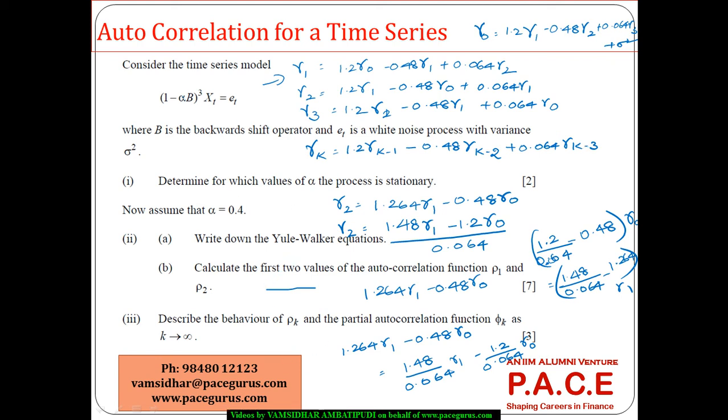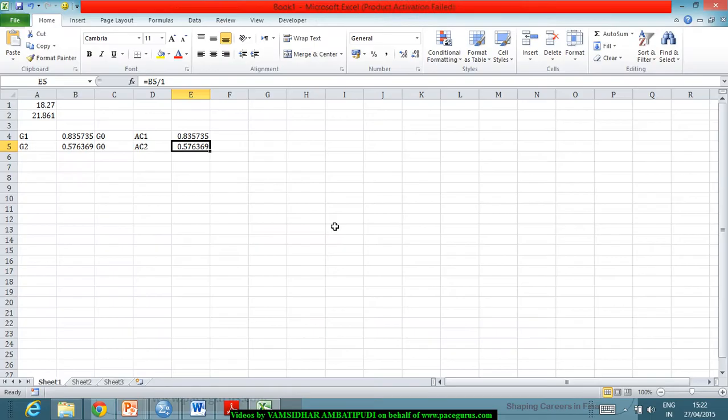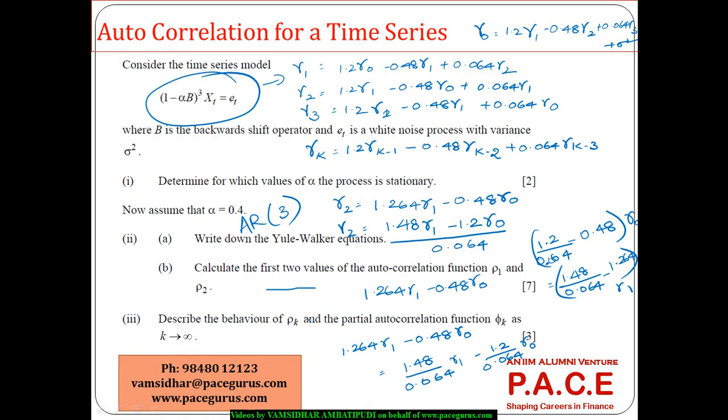Now this is a time series with a lag of 3, so typically an AR3 process. What we typically see is that as k is increasing, as the time lag is increasing, this autocorrelation function should gradually go down to 0. And for the partial autocorrelation function, because it's a third order process, for any lag of 4, 5, 6, for all of them it will be 0 itself.